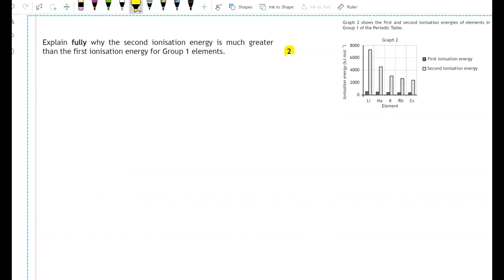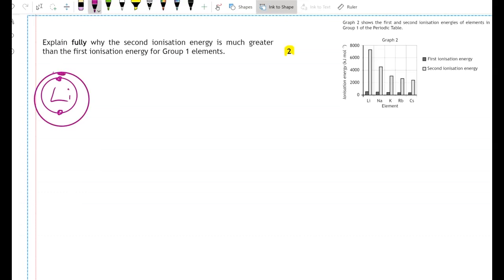Okay, now, just for clarity, if we look at lithium as an example, lithium has the atomic number 3. 3 electrons. 1, 2, 3.